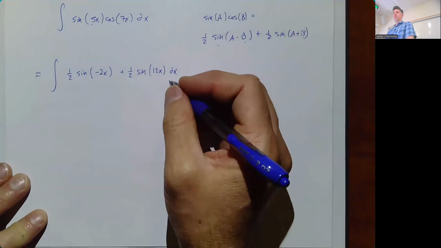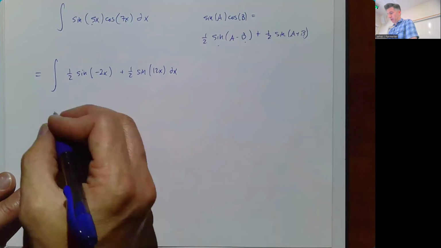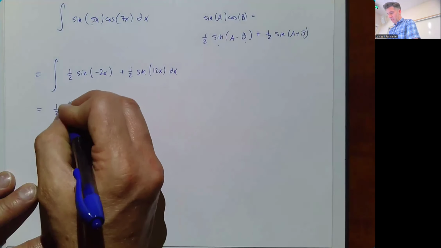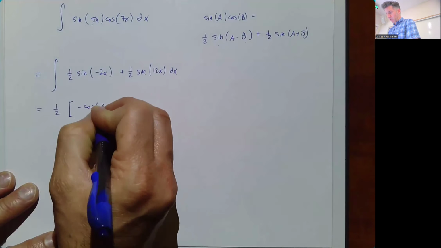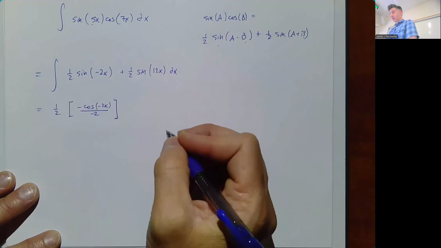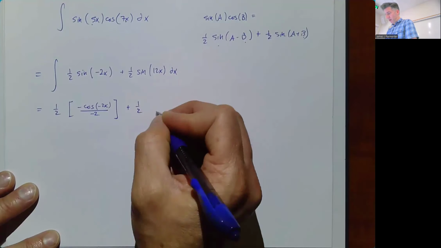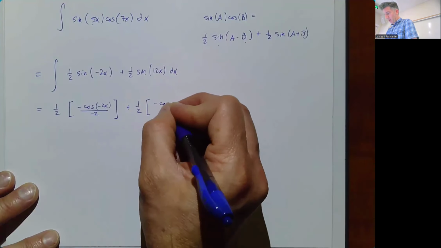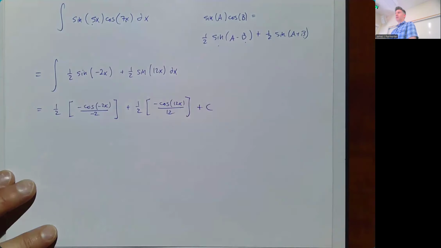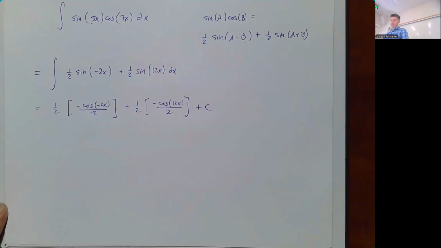Then use our usual skills here and get 1/2 times the antiderivative of sine of negative 2x, which is negative cosine of negative 2x divided by negative 2. And then the antiderivative of sine of 12x is negative cosine of 12x divided by 12. You could probably do some simplifying there, but that's how it's going to look.